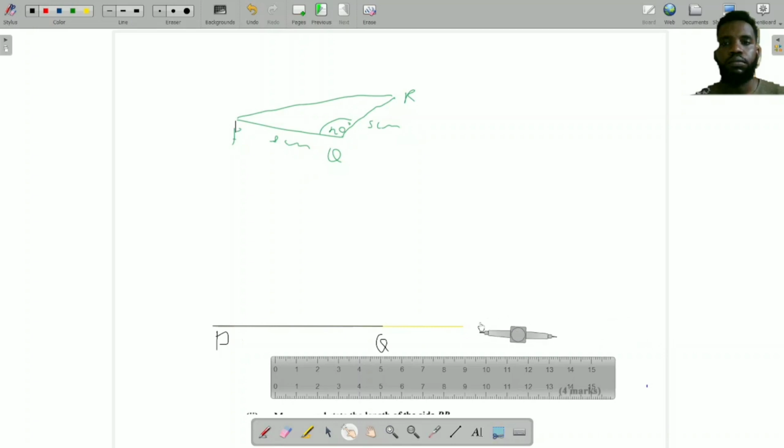So let me go for my compass. I'm going to bring it here and put it right at this mark. Make sure that it goes on, because being off by even a small amount could cause a problem, right? So my compass is right there. Now I'm going to swing an arc.